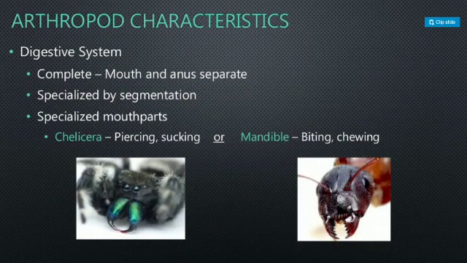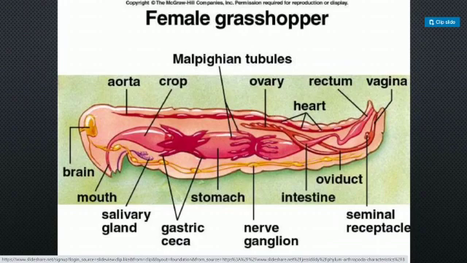Sometimes some arthropods have specialized mouth parts like the chelicera, which is specialized for piercing and sucking, or the mandible, which is specified for biting and chewing. Here in this figure, you're watching the body parts of the grasshopper as a model of the arthropods. So you can watch the different parts of their alimentary canal as mouth, gastric ceca, then the stomach, rectum. So these are the different parts of their alimentary canal.